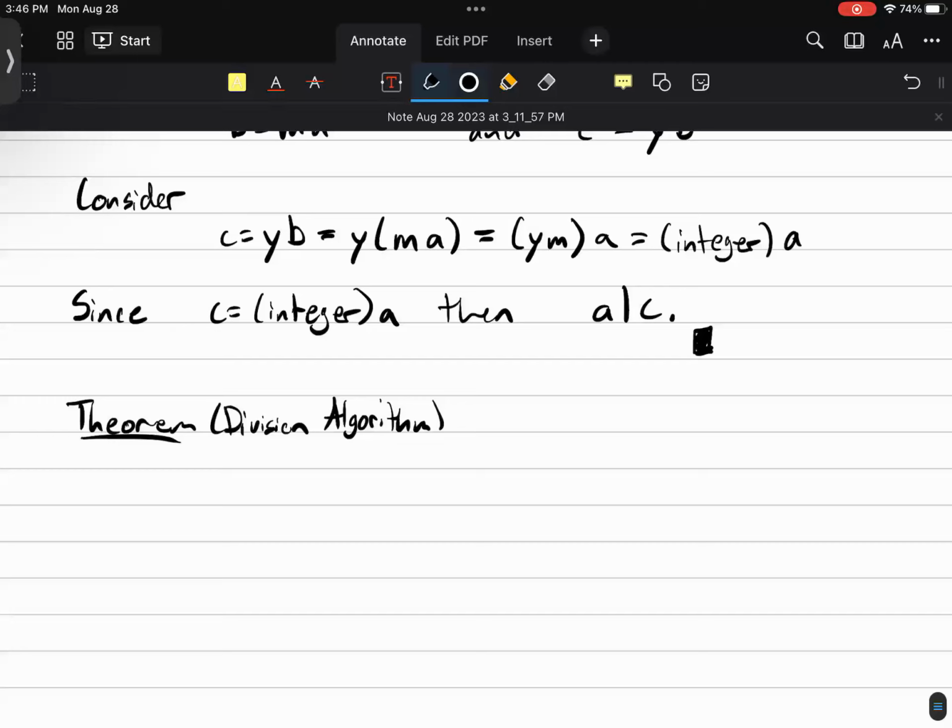So the division algorithm states, let A and B be integers with B greater than 0.